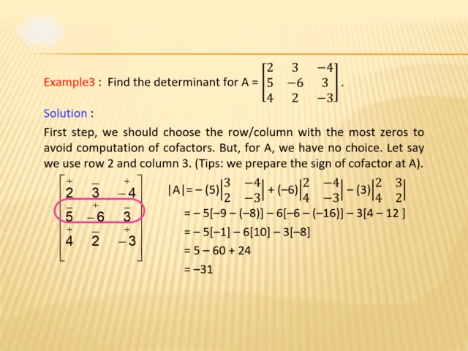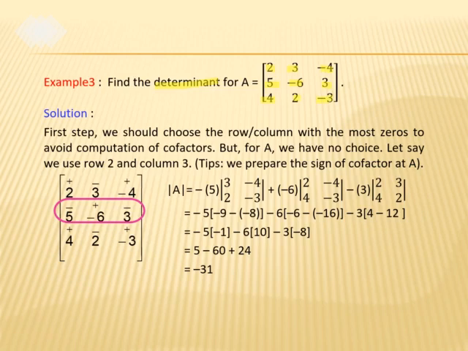Example 3, find the determinant for A. So now we move to determinant. Determinant is the combination of minor, cofactor, and also the entries in the matrix. Okay, we go for solution.